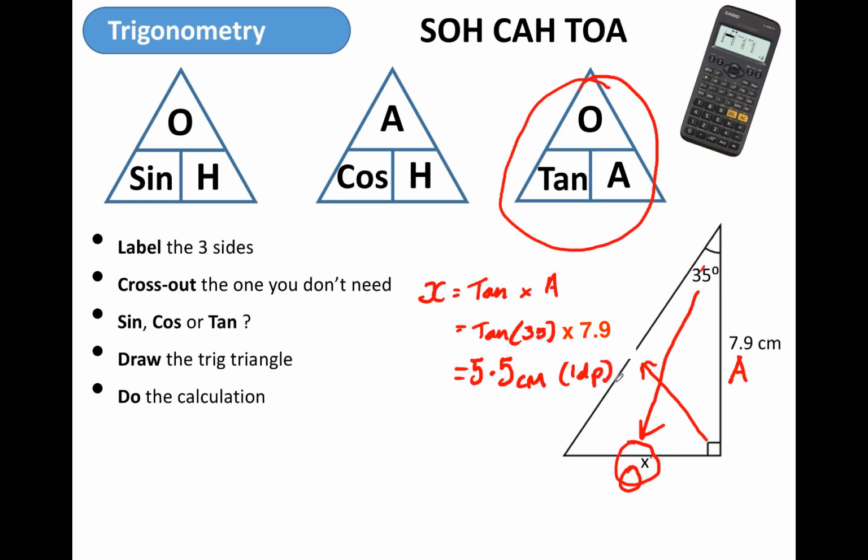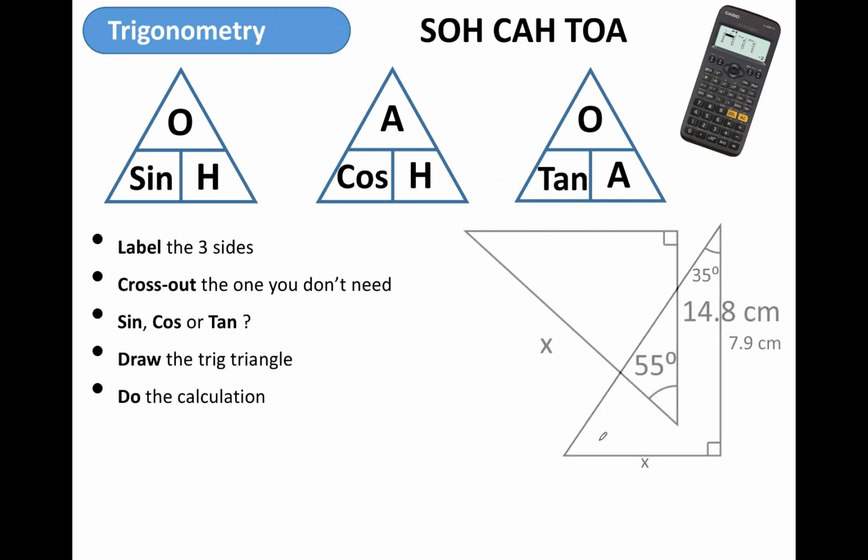Okay. So we labelled the 3 sides, crossed out the one we didn't need, we decided if we were using sine, cos or tan, drew the trig triangle, or rather I already had the trig triangle, and then I did the calculation. Okay. Right, let's try another example.